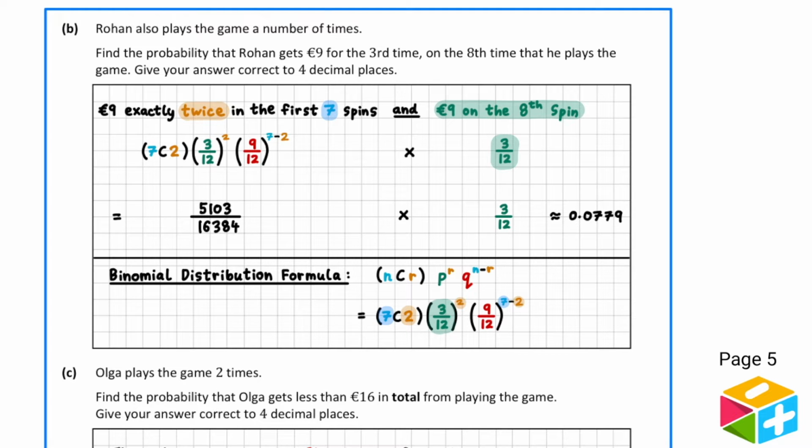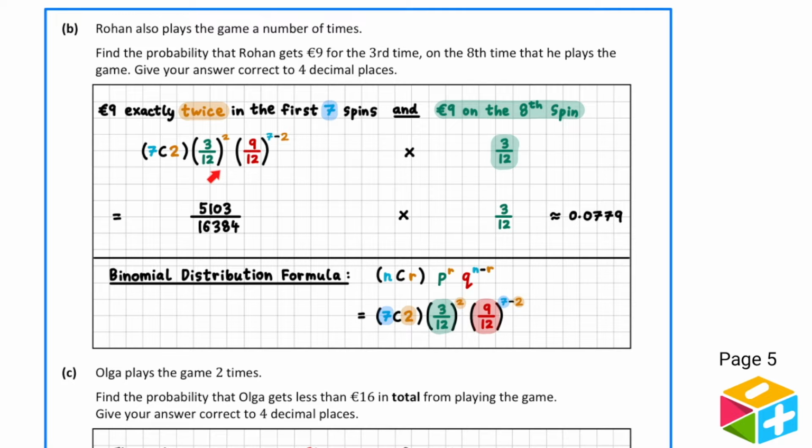We'll always have Q equal to 1 minus P. Here, Q is equal to 1 minus 3 over 12, which is 9 over 12. So, after subbing in, we get 7 choose 2 times 3 over 12 to the power of 2 times 9 over 12 to the power of 7 minus 2.